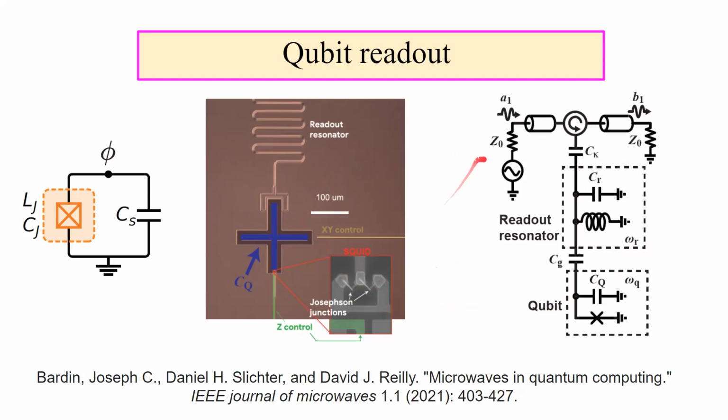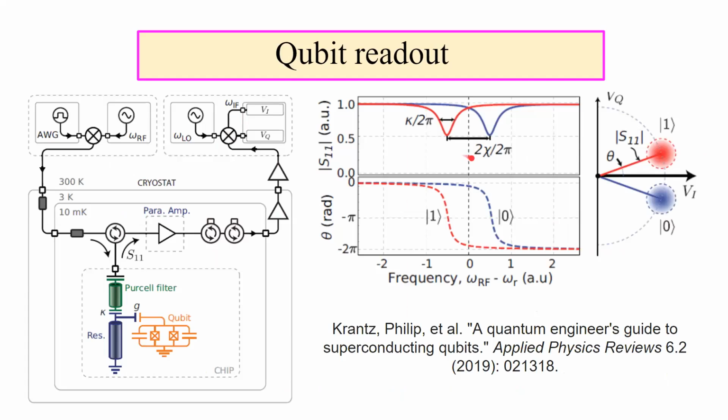So we have a source giving a pulse or signal, which is circulated to the resonator, and we have a reflection back, which is circulated to the load, and we measure the reflected signal. The phase and the amplitude of the reflected signal will be different based on whether the qubit is in the ground state or the excited state. And that is how we can perform this readout.